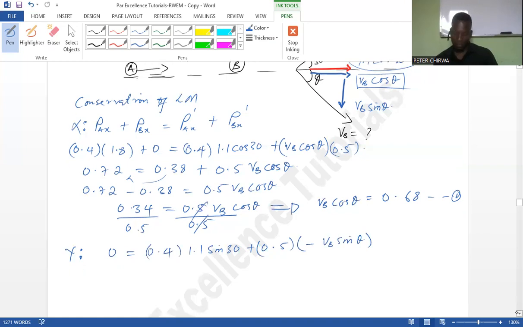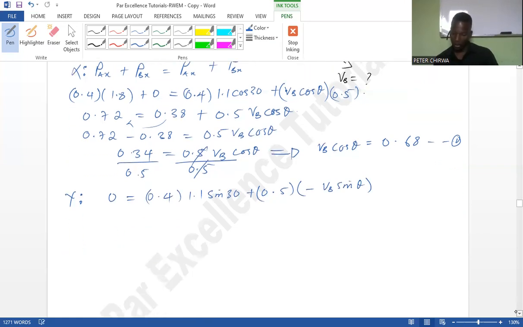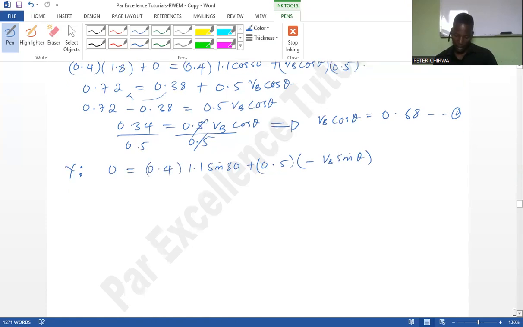We know that momentum is a vector quantity, so we need to take direction very seriously. So this one is going to give us 0.22 minus 0.5 VB sine theta.